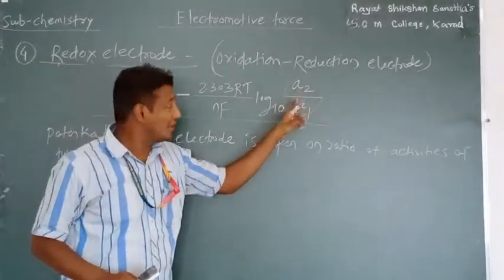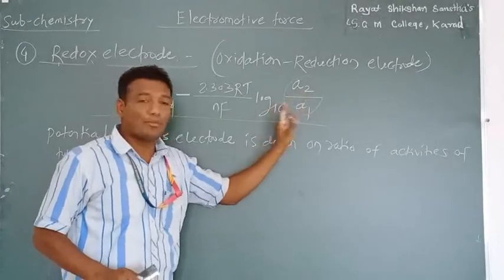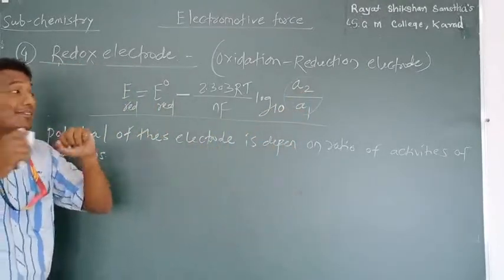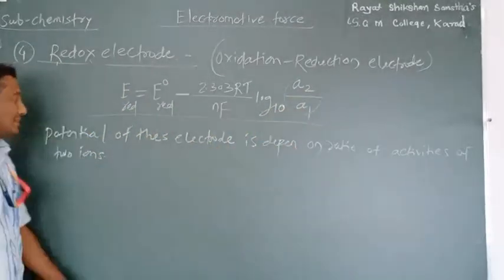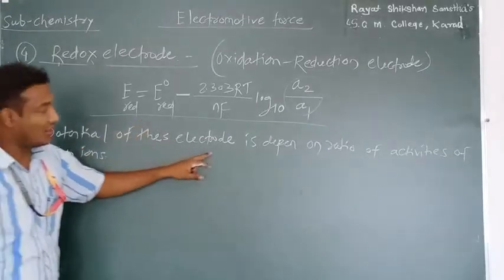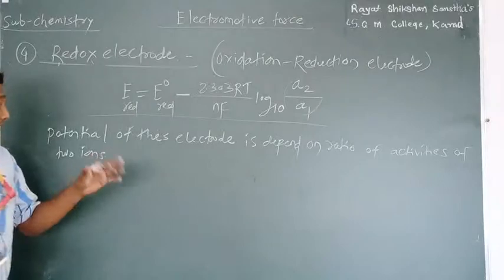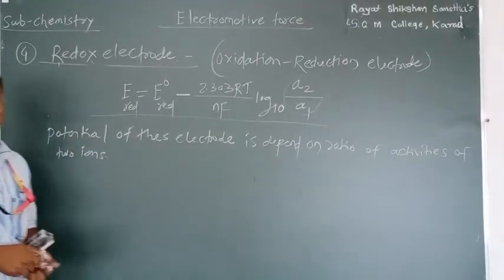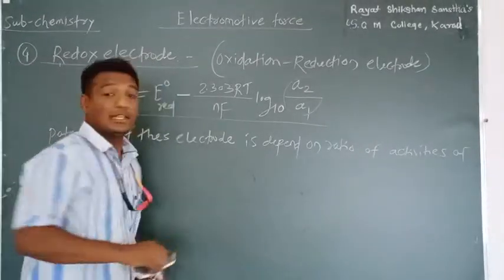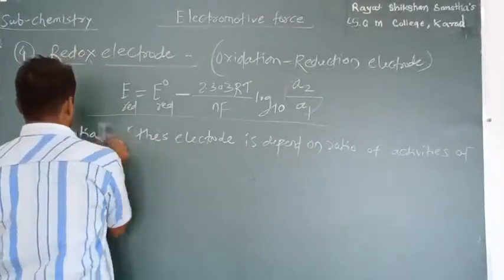This is nothing but the ratio of two ions, A2 upon A1, the ratio of activities of two ions. The potential of this electrode depends on the ratio of activities of two ions. Now we will see the examples.